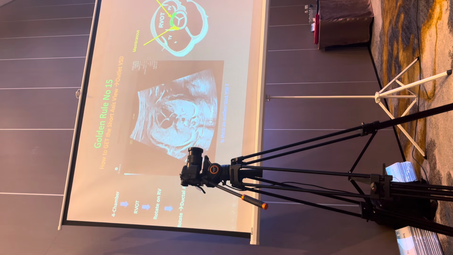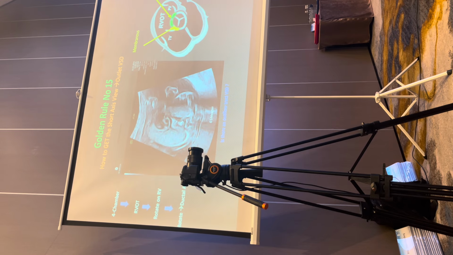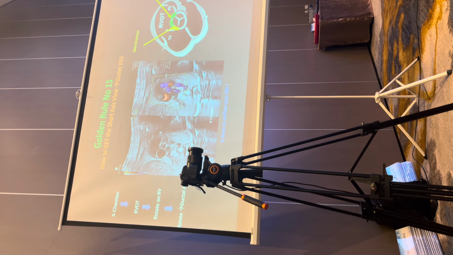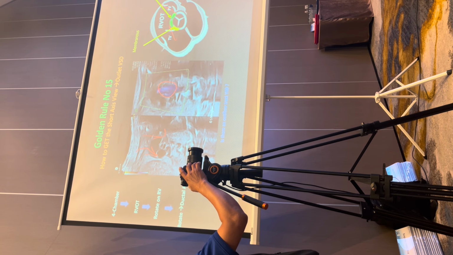The best way to do that is to go to a 4-chamber view of heart. Sweep up to the right ventricular outflow tract. Now you see your pulmonary valve. Rotate the transducer until you see the right pulmonary artery sweeping behind the aorta. And once you are in that view, you now have the tricuspid valve and the pulmonary valve. And now, in this region here, look for evidence of a membranous or an outlet VSD.